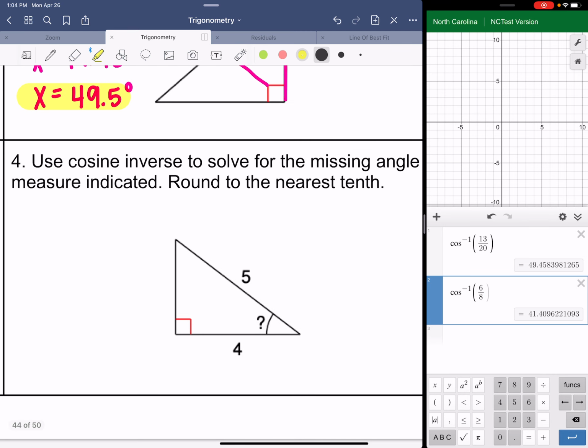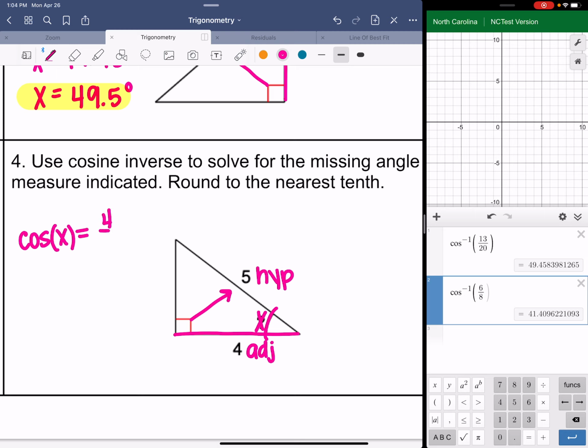Number 4. Same setup. We have our missing angle X. We have the hypotenuse directly across from the 90-degree angle. We have the adjacent side of that angle. So we're going to have to use cosine and set up adjacent over hypotenuse, so 4 over 5.